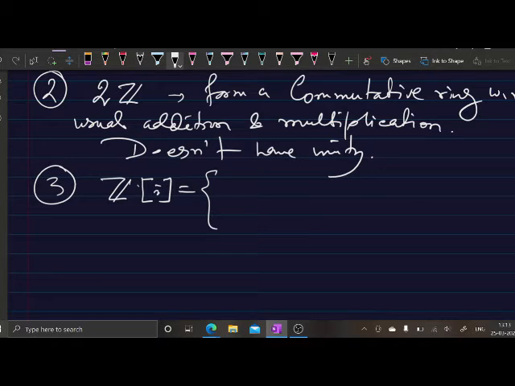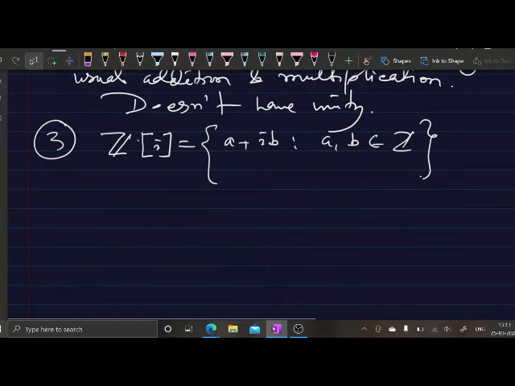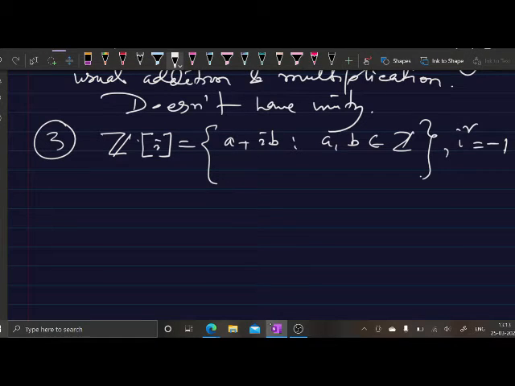We consider those complex numbers whose real and imaginary parts are integers, that is, a plus ib, where a and b are taken from Z, and i squared equals minus 1.